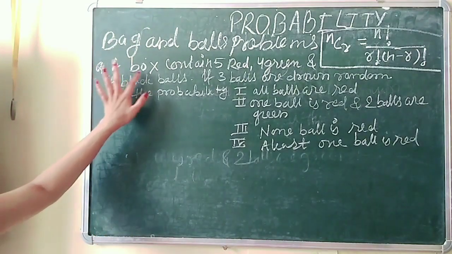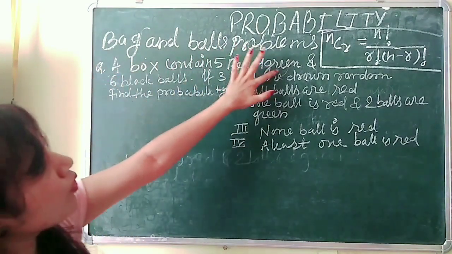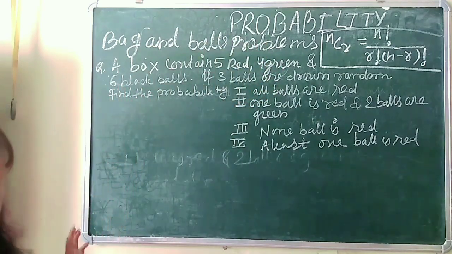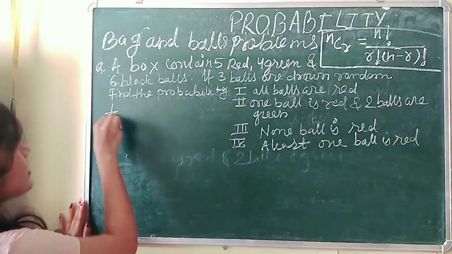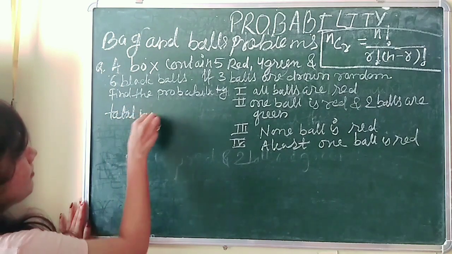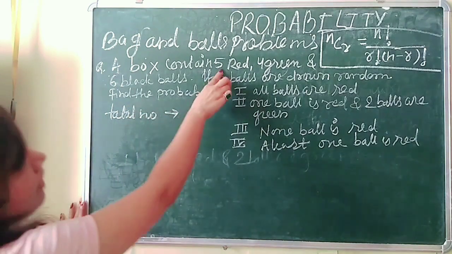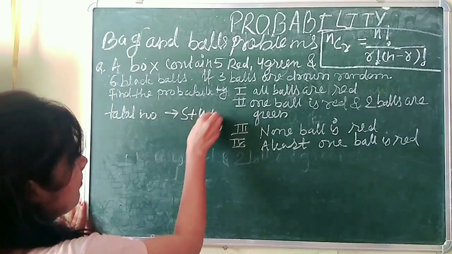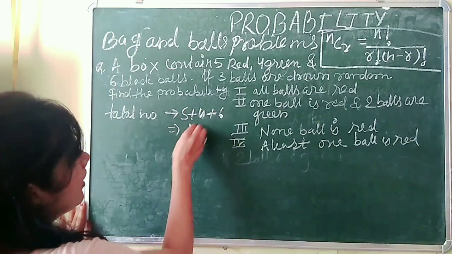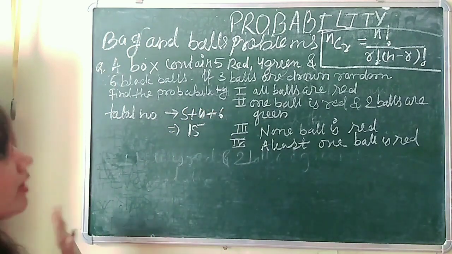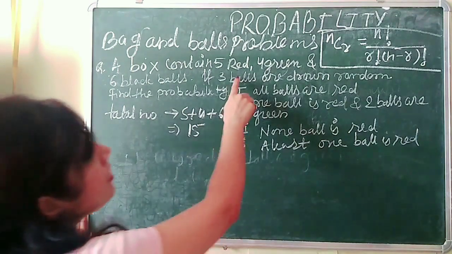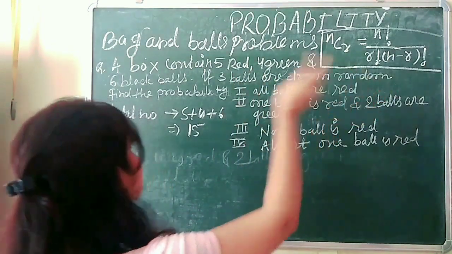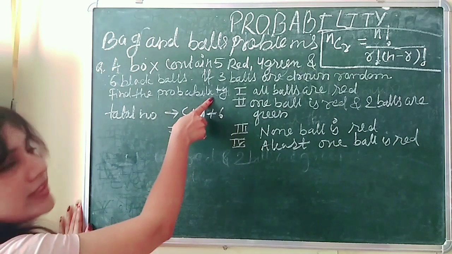It says the box contains 5 red, 4 green and 6 black balls, so the total number of balls is 5 plus 4 plus 6, that is 15.